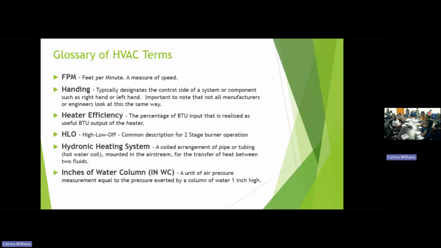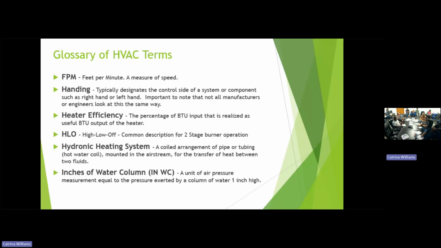Inches of water column. That's the way we measure the resistance to the airflow in a duct system or across a component, a damper, for example. We throw out just a standard number that if you've got an on-off damper, we've got 0.13 inches of water column pressure drop.